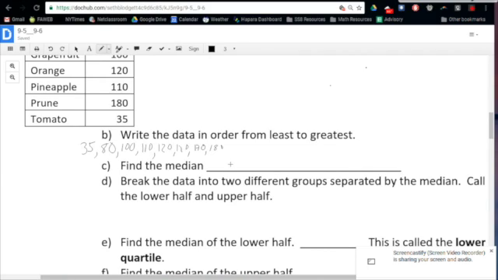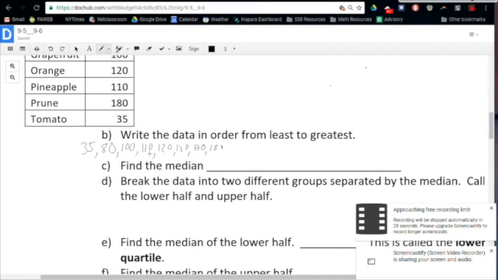Now I have to find the median, which is the middle one. This one has an even set of data, so I've got 4 on the left and 4 on the right. So right in between the 110 and the 120 is my median. It is actually the average between the two, 110 and 120.